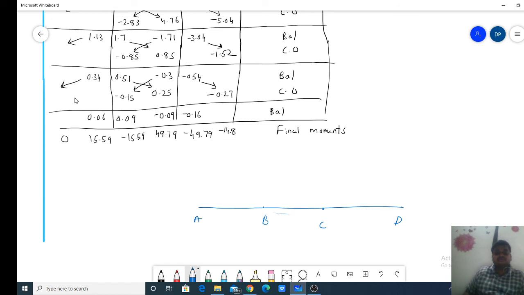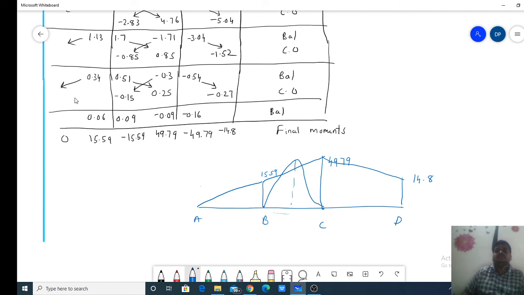At A it is 0, at B it is say 15.59, at C it is say 49.79, and at D it is 14.8, right? These are the final moment diagram, and there are no load for AB and CD, and there is only one parabola.